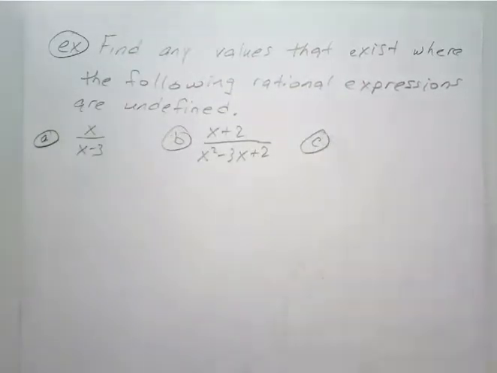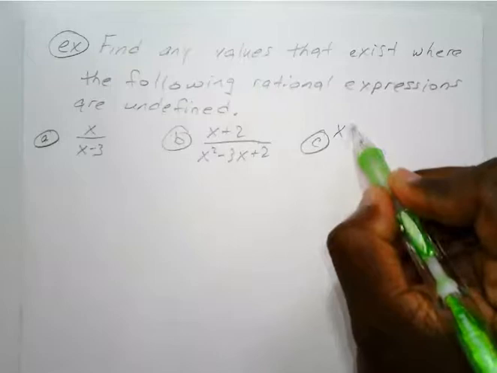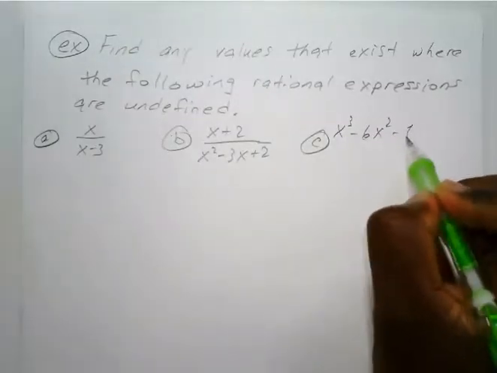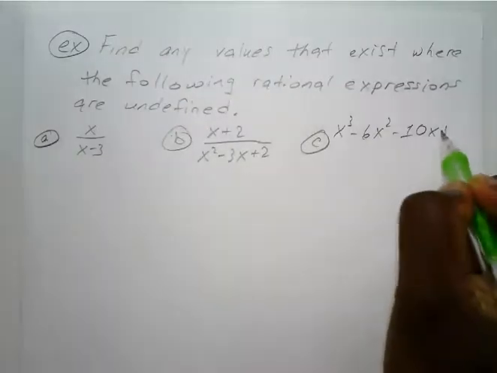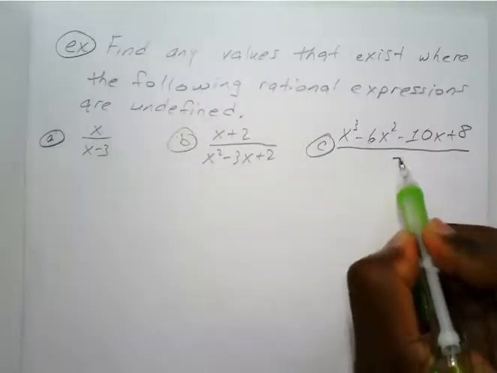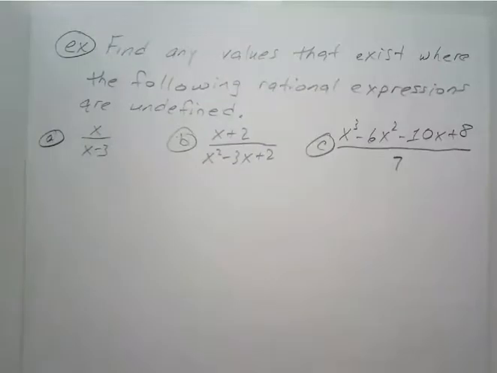And for problem C, we'll make that x to the third power minus 6x squared minus 10x plus 8, all over 7. We want to find the undefined values for all of those.